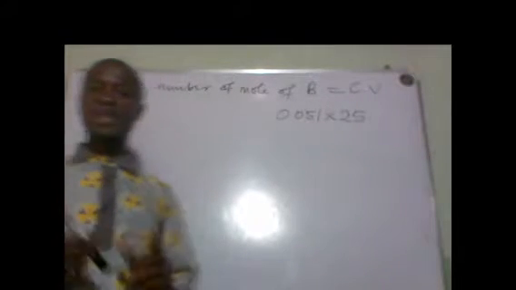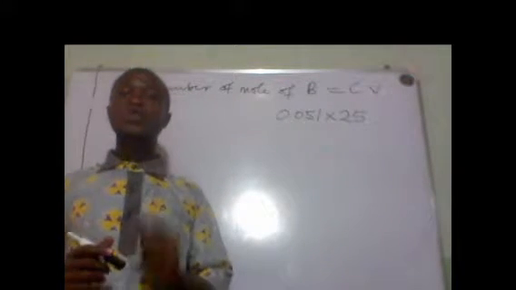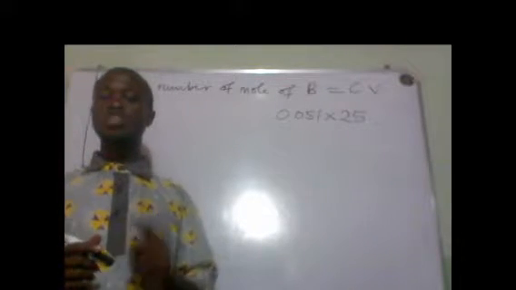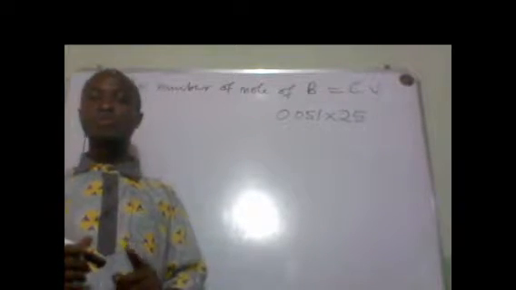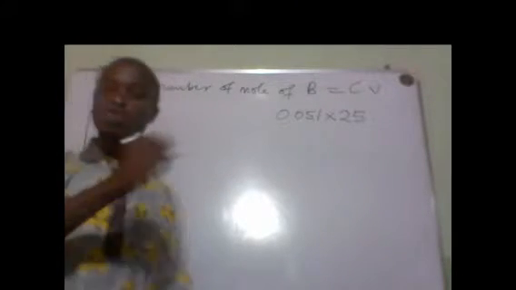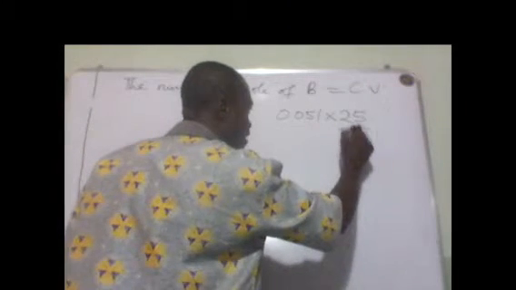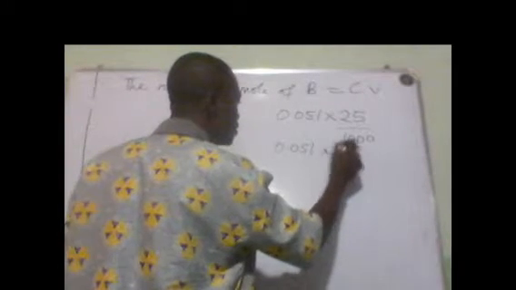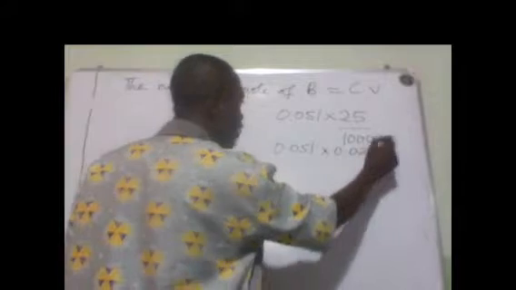If you go directly this way, you are going to get a wrong answer. So you have to change the volume of the base, the volume of pipette, to dm cube, because it is right now in cm cube and it should be in dm cube. How do we do that? We divide it by 1000, so that we now have 0.051 times 0.025.